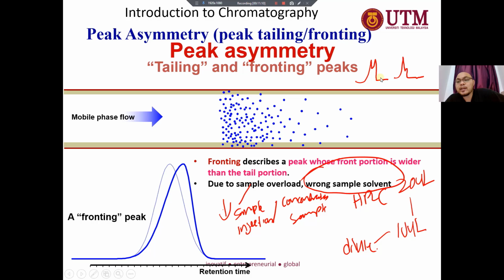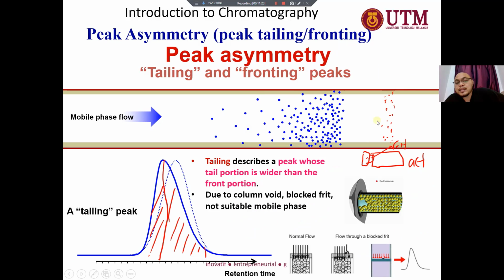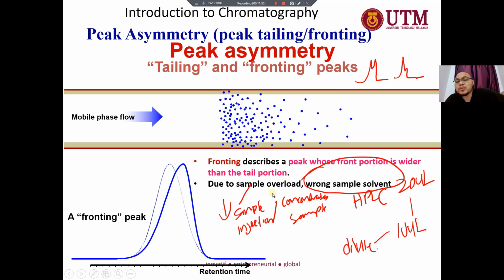But if I already use mobile phase to prepare my sample and standard and I still get the splitting and bouldering, then the next thing I try is to change the frit. If the frit has changed but I still have the problem, it means I have a damaged column due to column void. Normally, if we have a problem with the column void, we just change to a new column.